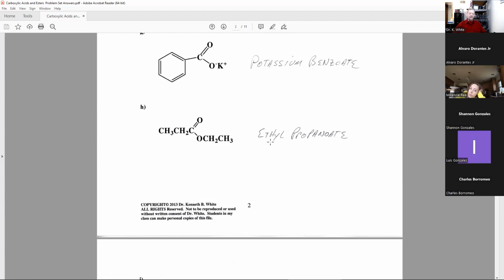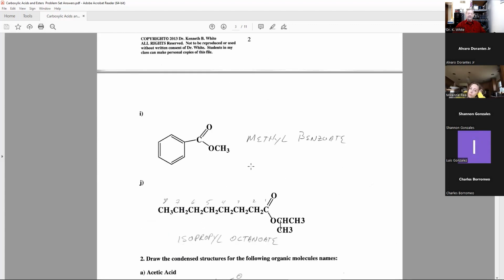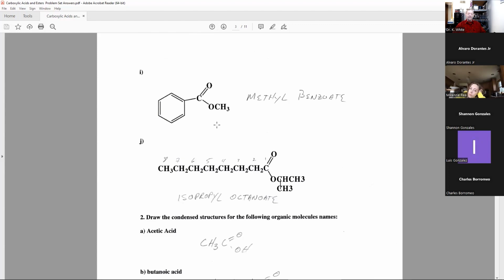And as I just mentioned for the carboxylate anion, if R here is not benzene, find the longest chain with the carbonyl carbon, name it as an alkane, drop the E and add OAT ending. And that's alkyl acetate.